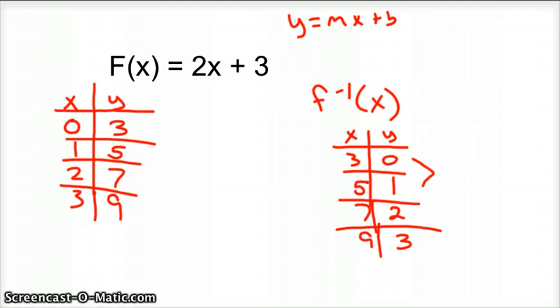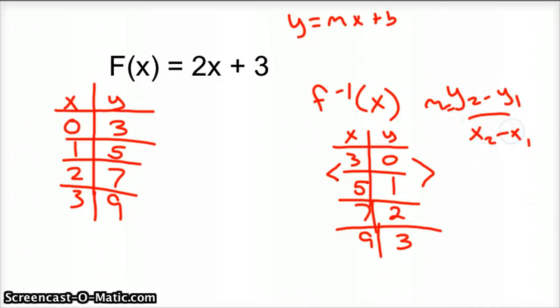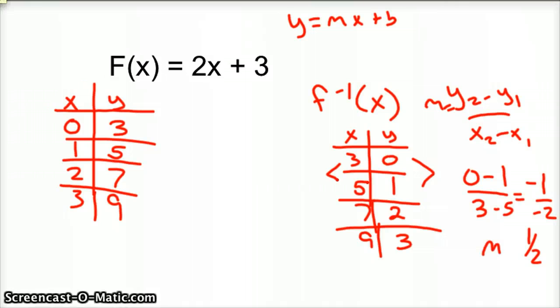Let's just use these two points right here. So slope m is y2 minus y1 over x2 minus x1. In our case, it would be 0 minus 1 over 3 minus 5, because that's the direction I chose. So that'd be -1 over -2, or 1/2.